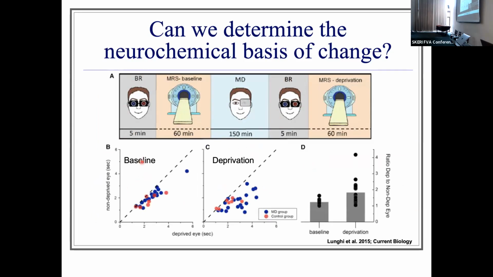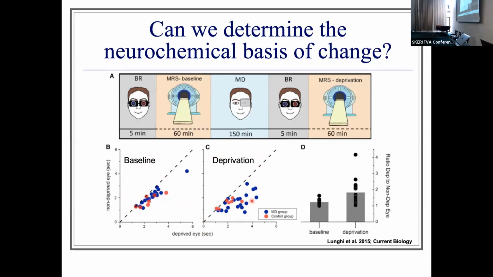This is showing the behavioral data, the binocular rivalry results, fairly balanced between the two eyes. The blue dots are people who had the monocular deprivation, and then we had some control subjects who did the scanning and the binocular rivalry but didn't have the monocular deprivation, so they're in red. You can see at baseline, everyone is fairly balanced.